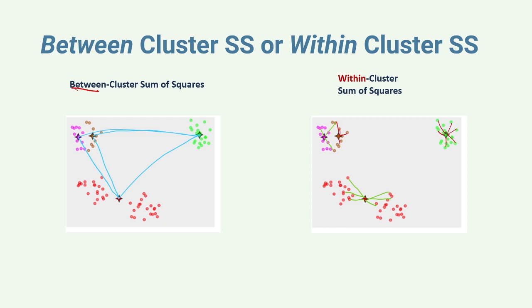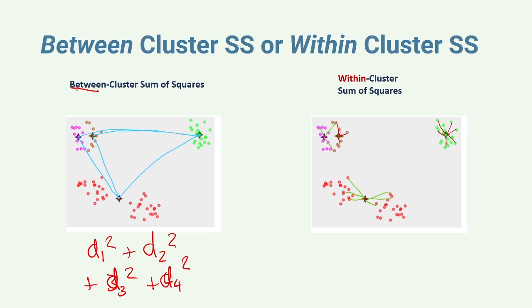So if you have 4 cluster centers, then the between cluster sum of squares is the first distance squared plus the second distance squared plus the third distance squared plus the fourth distance squared. So it's just the sum of these distances squared.